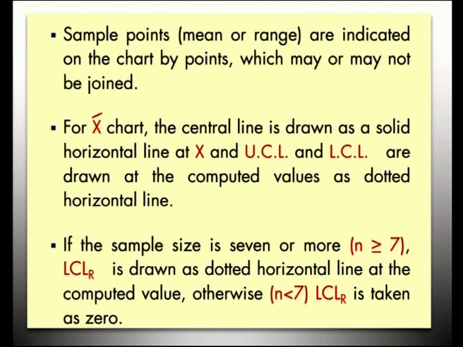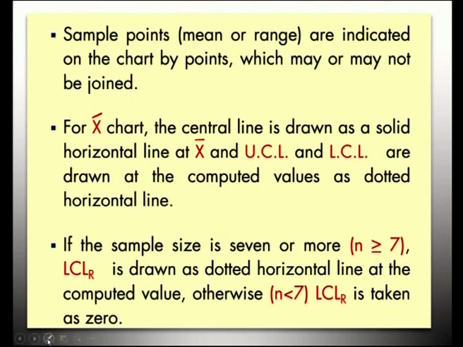The sample points, mean or range, are indicated on the chart by very small points which may or may not be joined. For X bar chart, the central line is drawn as a solid horizontal line at X bar, and UCL and LCL, that is upper control limit and lower control limit, are drawn at the computed values as dotted horizontal lines.